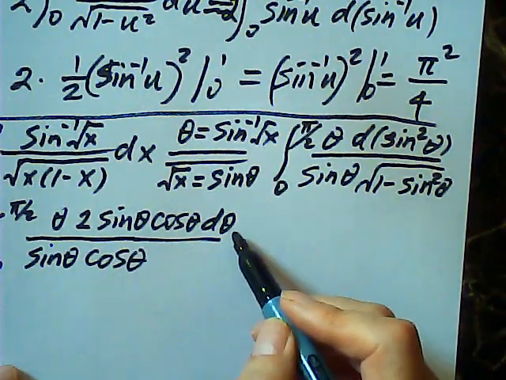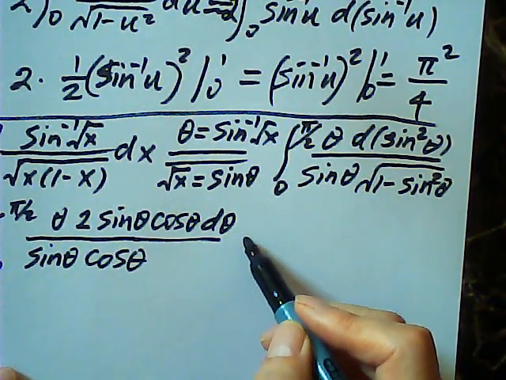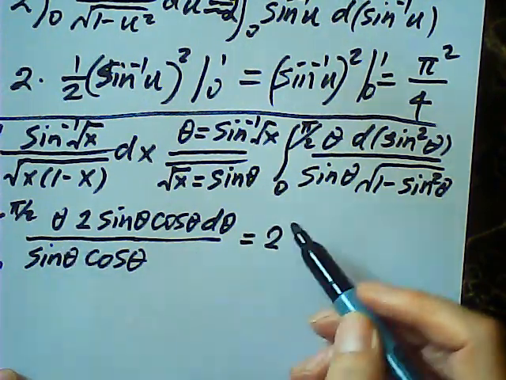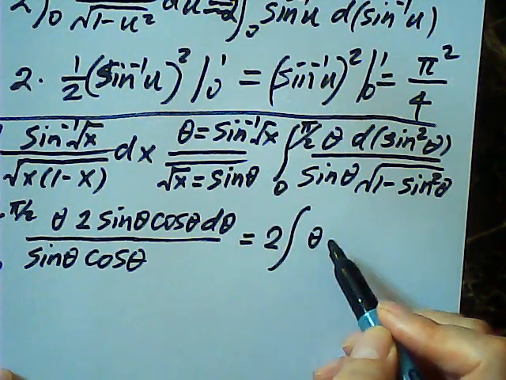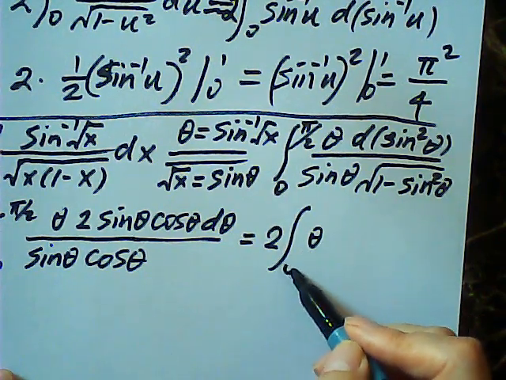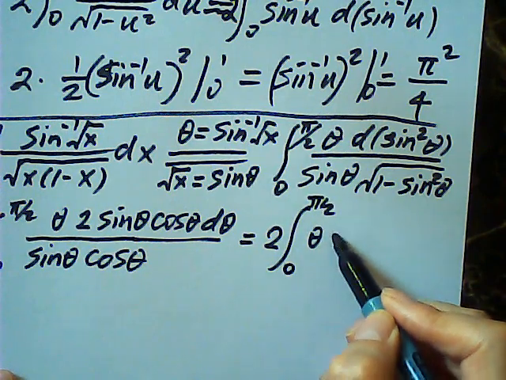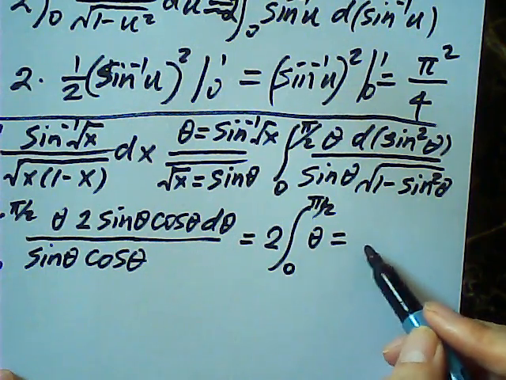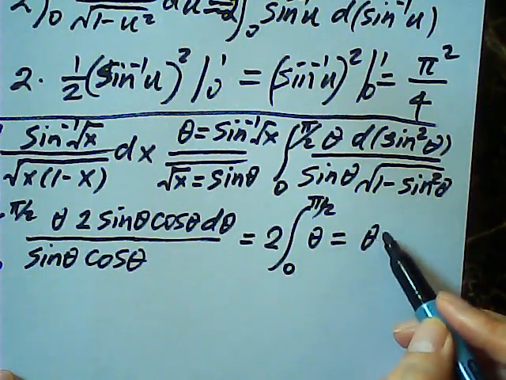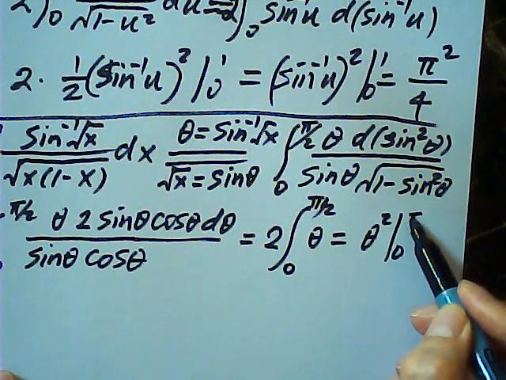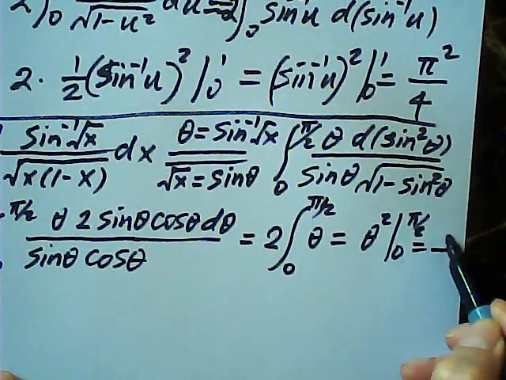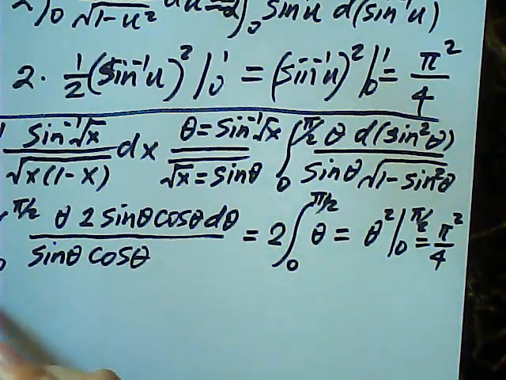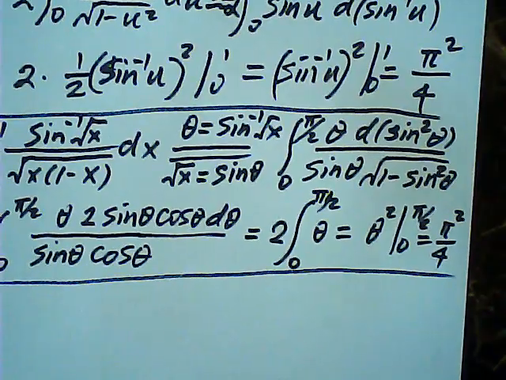So this cancels out. So this is equal to 2 theta, right? From 0 to half pi. So this is theta squared, right? So it ends up with pi squared over 4. It's the same answer. That's method 2.